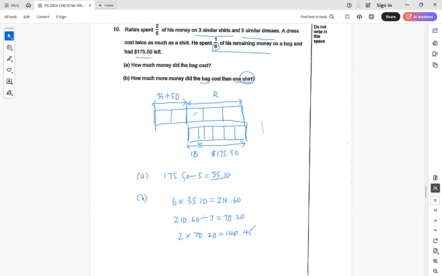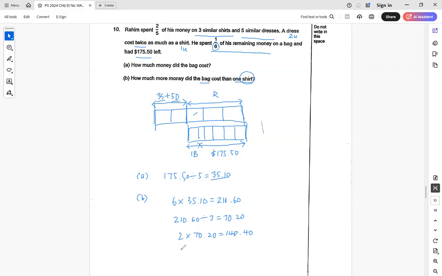Okay, so let's break down what is inside this $140.40. It's actually 3 shirts and 5 dresses. So remember, the comparison here in the question is they say that a dress costs twice as much as a shirt. So you know that one dress twice means 2 units and one shirt is 1 unit. All right, so for 3 shirts and 5 dresses, one shirt is just 1 unit.